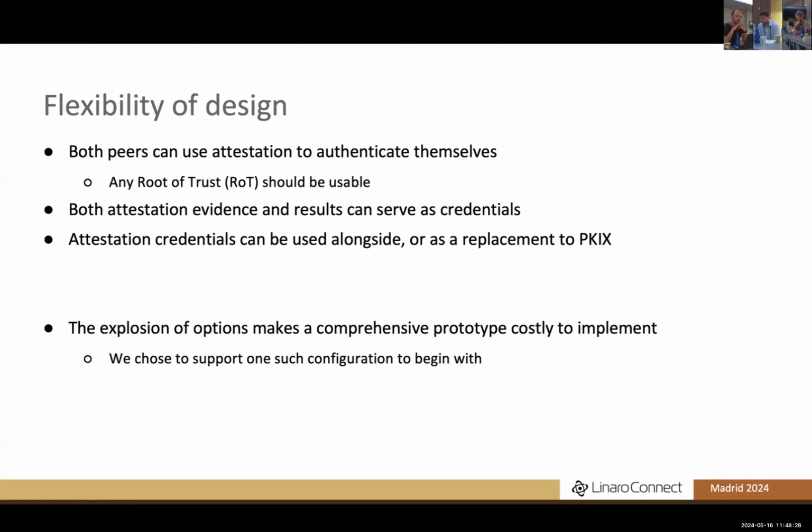We wanted to allow both attestation evidence and results to be used as credentials, meaning both background check and passport mode. We wanted the credentials to be used either alongside PKIX, as an extension to the certificate message, or completely replacing certificates and just going with the attestation credentials.